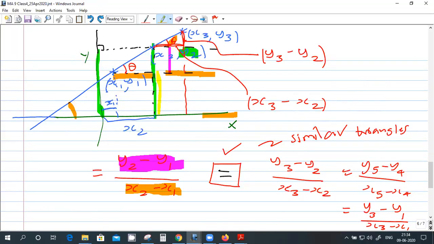Similarly, this angle is also theta. So at any point along this line, the theta is the same. That is the property of the line.